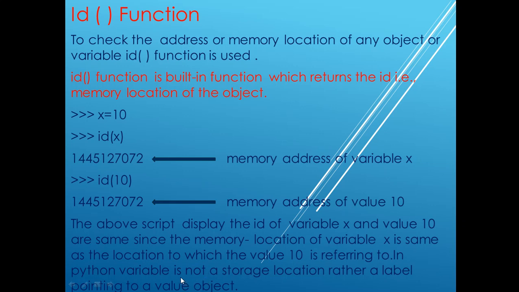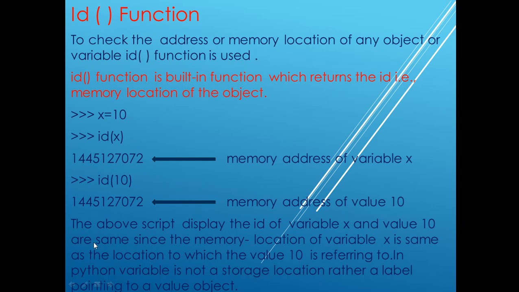In Python, this is a very important line: variable is not a storage location, rather a label pointing to a value object. In other programming languages, we define the variable as a storage location in memory. But in Python, it is not a storage location, it is a label which points to a value. So x is a label which is pointing to the value 10.